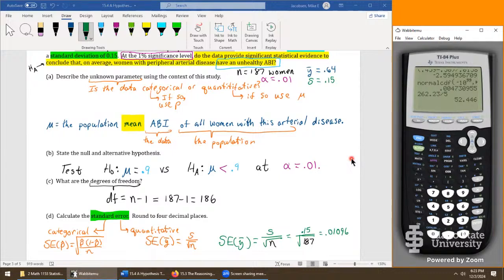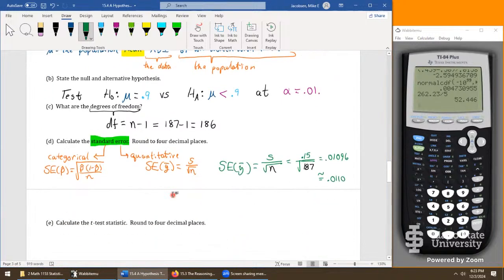It looks like we're rounding to 4 places. This is rounding with carry, my least favorite. So this will become 0.0110. So we'll use that answer there. Does that look right to everyone so far? Okay, so we've got the standard error down.